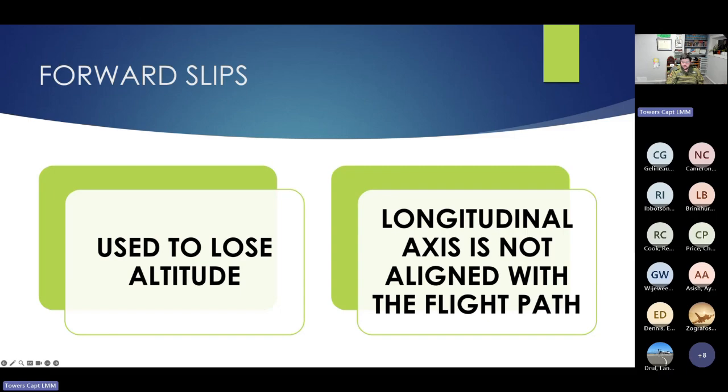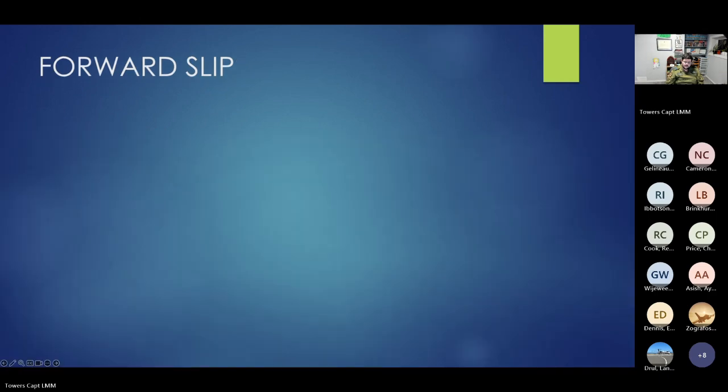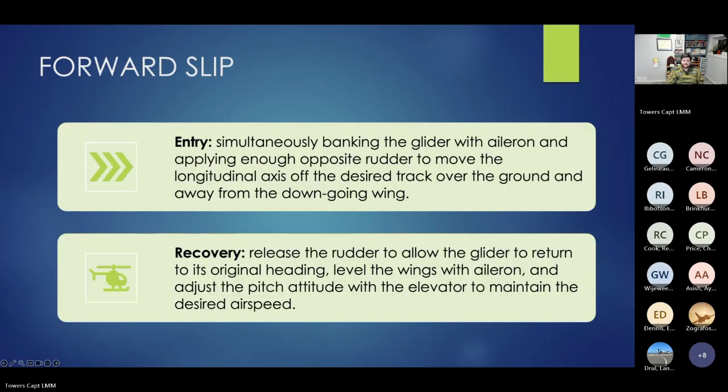So first, forward slips. We primarily use them to lose altitude, and it's where the longitudinal axis is not aligned with the flight path. So in a forward slip, your flight path is going straight ahead.